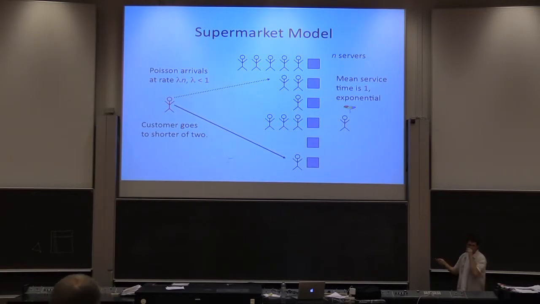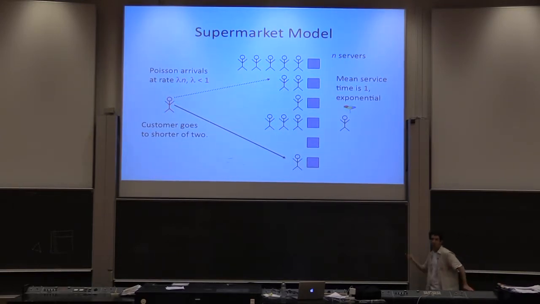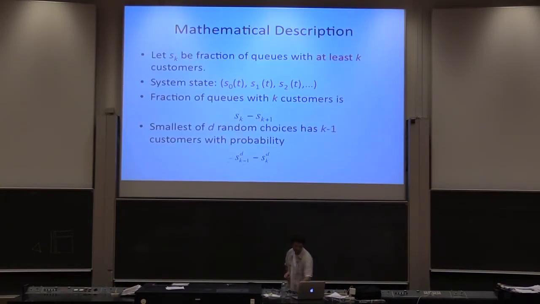This is meant to be an intermediary between pure random selection and going to the shortest. You could imagine going to the shortest queue seems like a very good policy. The problem is that it often takes a lot of infrastructure, or takes time itself to figure out which is the shortest in a big system, whereas just choosing a small number randomly may be very effective.